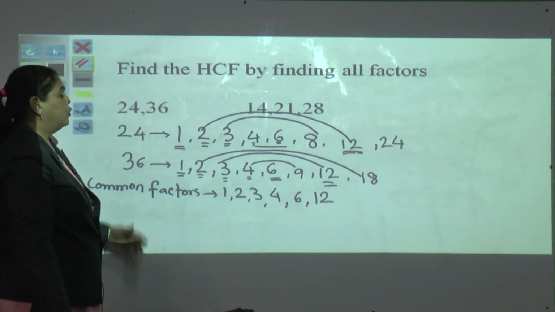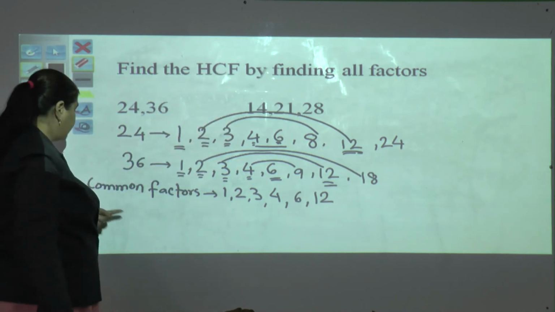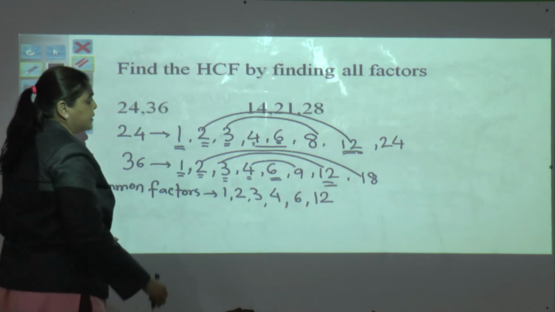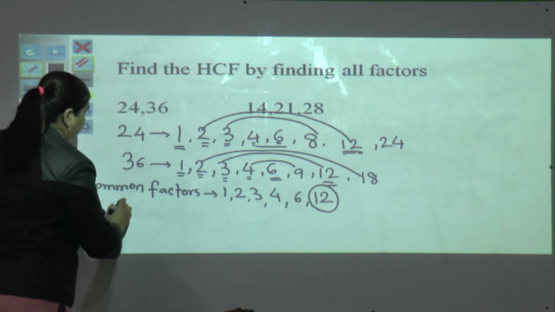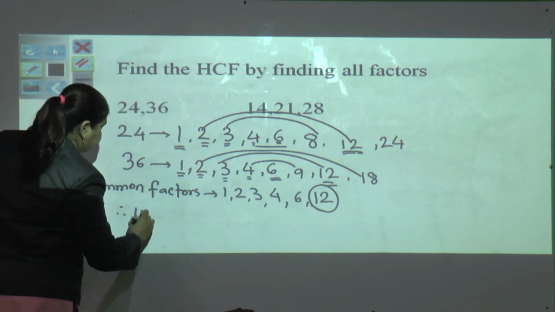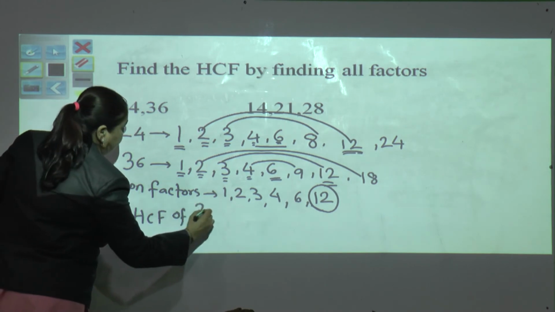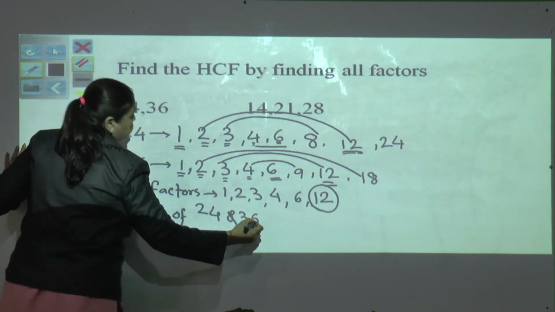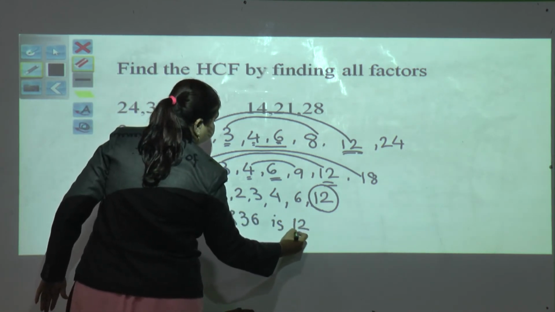Now my question is the highest common factor. So we had listed the common factors. Which number is the highest? This 12 is the highest, so therefore the HCF of 24 and 36 is 12.